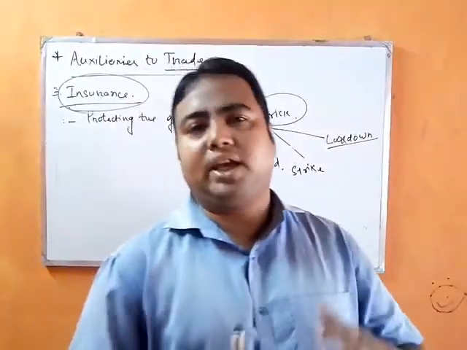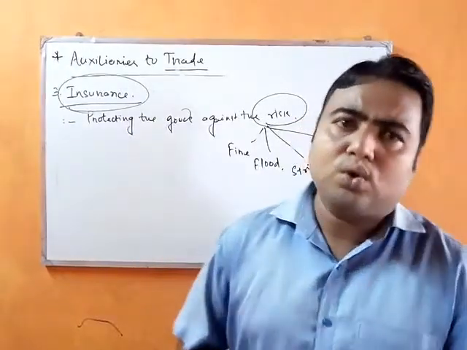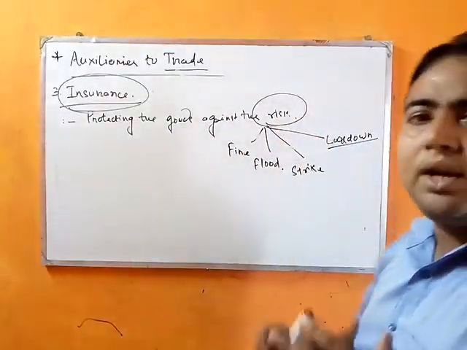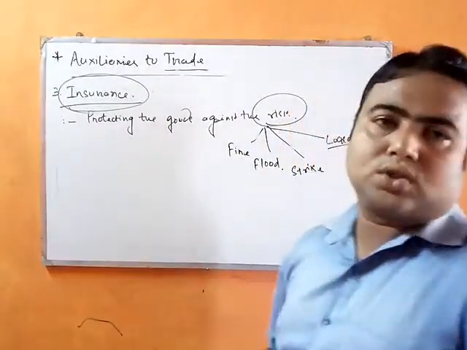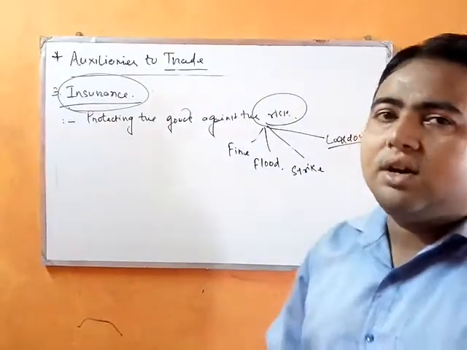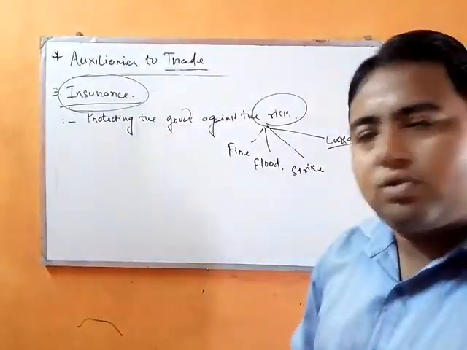So every company, in order to be secure from the concept of risk, must properly insure the goods. So we can say insurance always plays a major role as an auxiliary to trade.